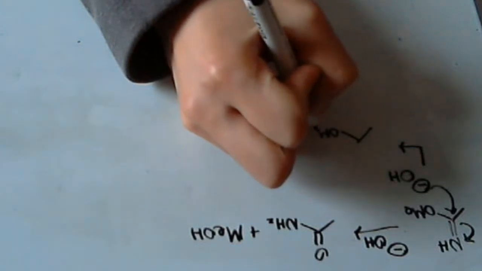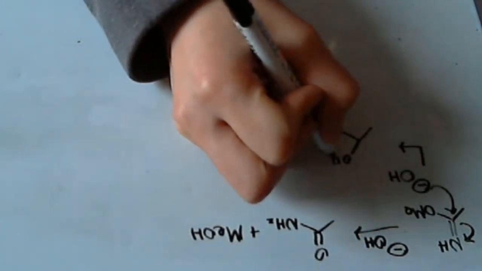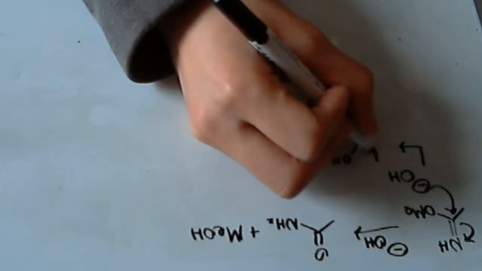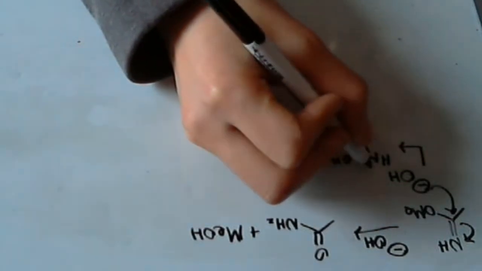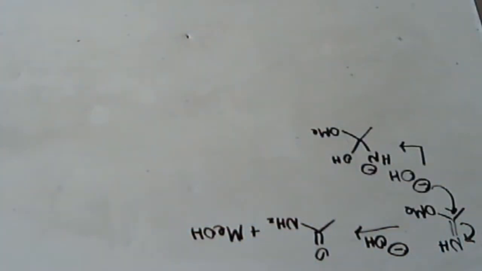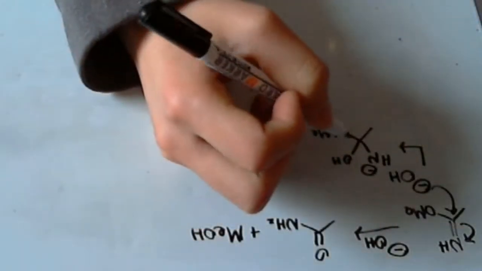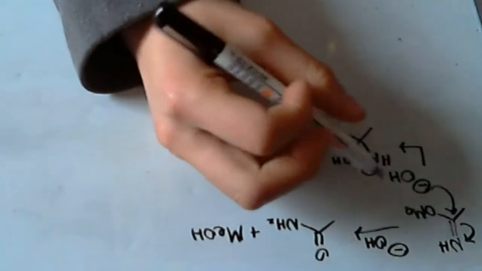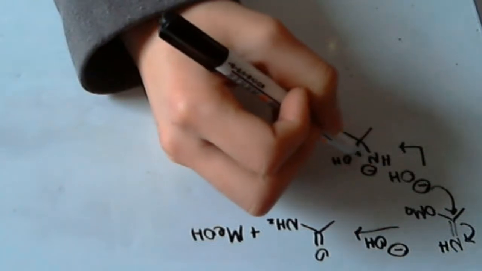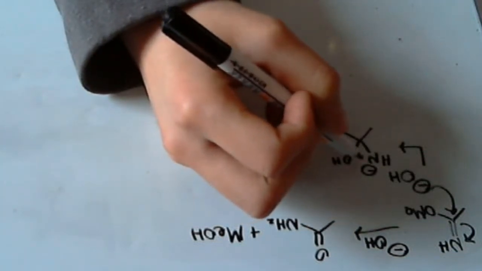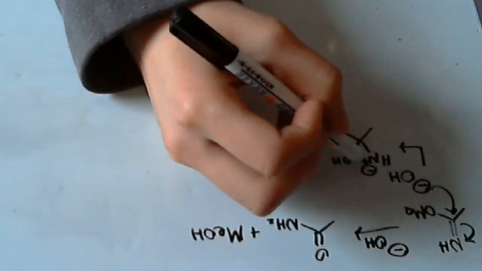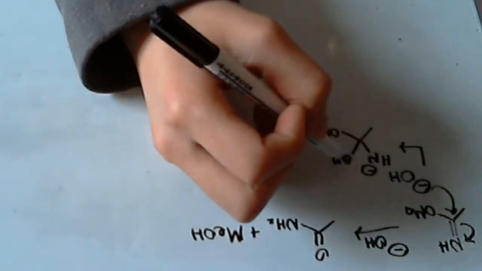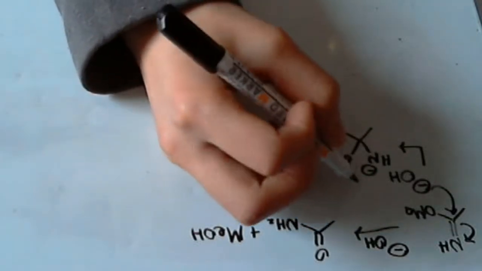So we have an OMe, an OH, and an NH minus. Okay. Now that we have this compound, we know nitrogen is more basic than oxygen, so this nitrogen will actually get protonated and that oxygen will get deprotonated.